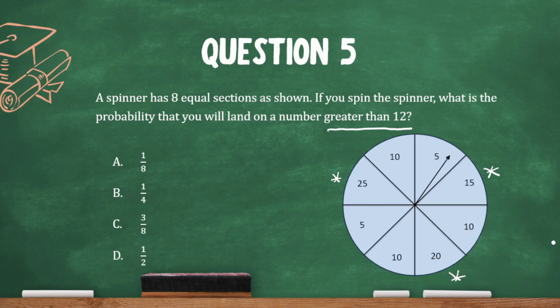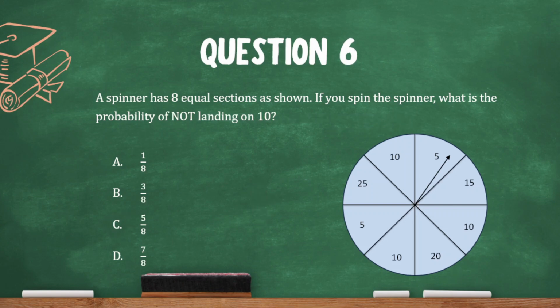So only 3 of the numbers are greater than 12. So that would be 3 over the total number of possible outcomes, which is 8 because there's 8 sections of the spinner. So that probability is 3/8, C.